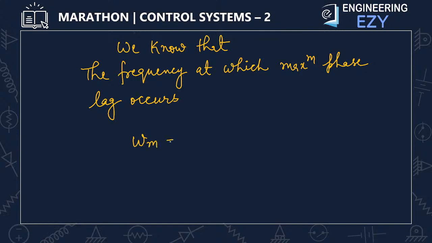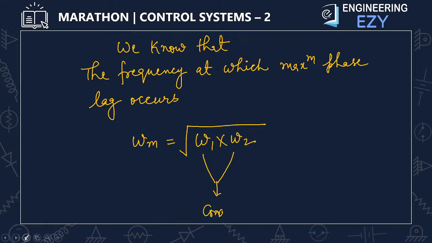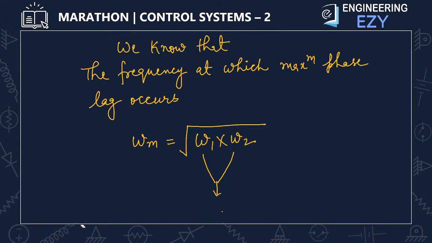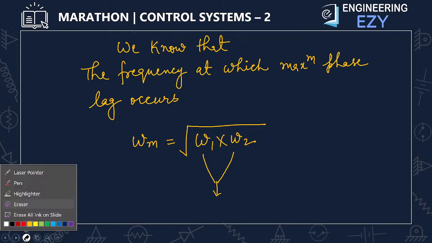Omega m is the geometric mean of the corner frequencies, square root of omega 1 multiplied by omega 2. These omega 1 and omega 2 are called corner frequencies.